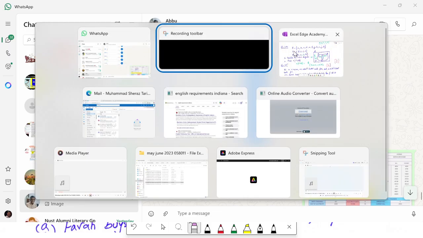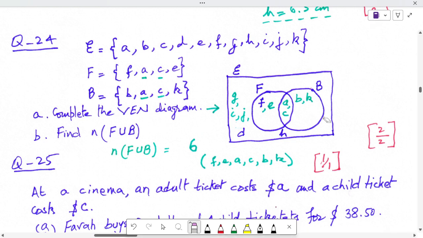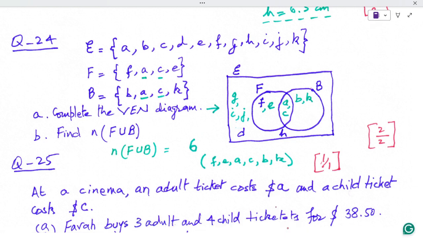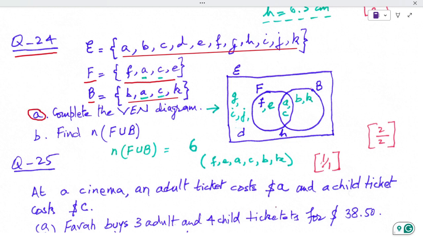Question number 24 is about Venn diagrams and sets. You have been given a universal set which starts with alphabet A and goes up to K, and then there are 2 subsets. Subset F is FACE members, and subset B is BACK members, and you have to complete the Venn diagram.